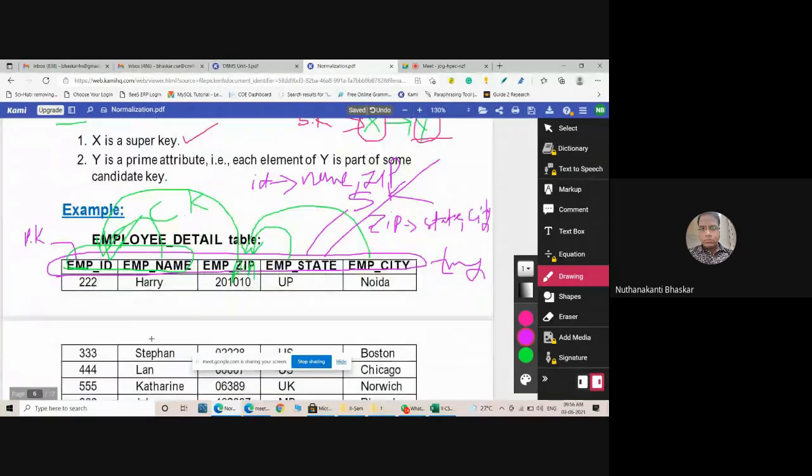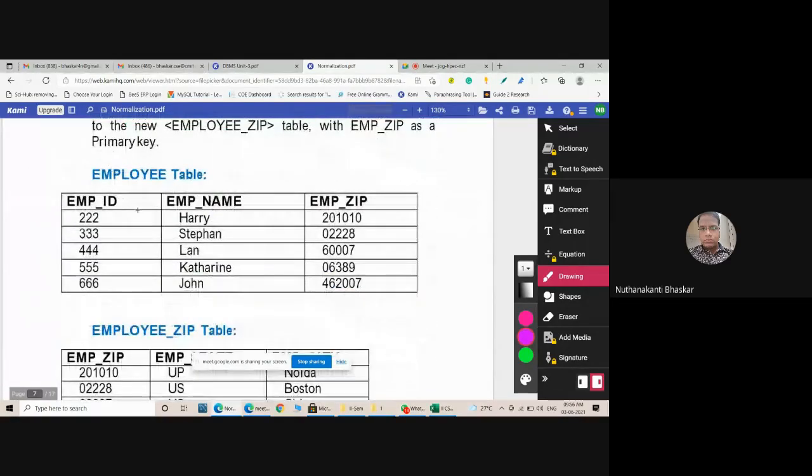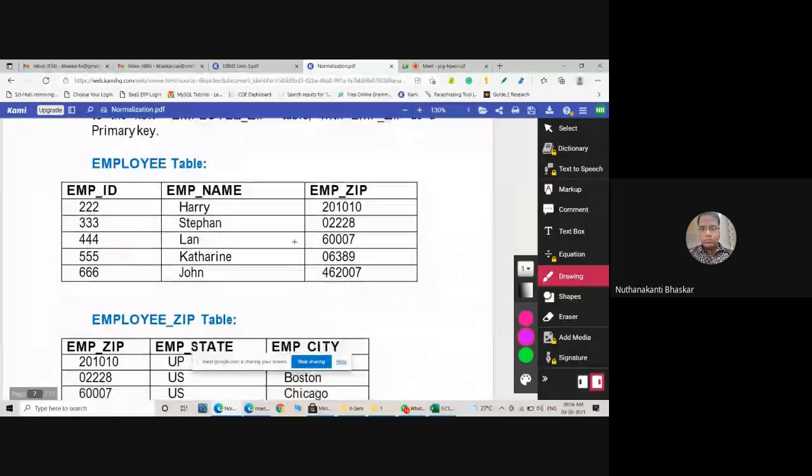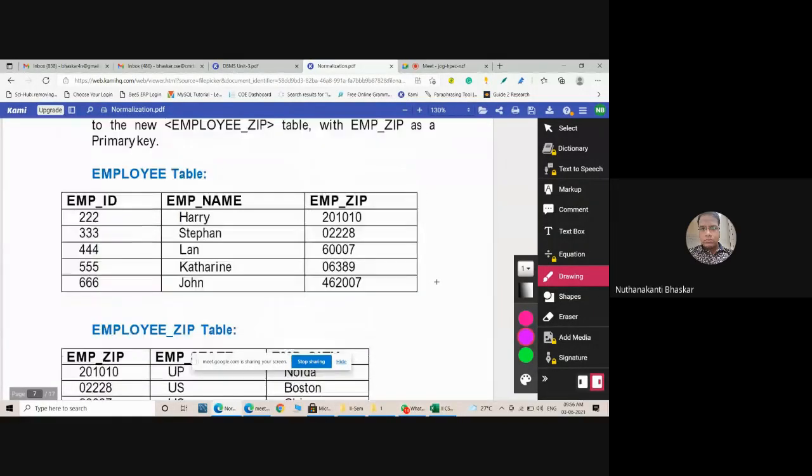It is in first normal form, and second normal form. Now it is third normal form. We are confirmed. Now we divided employee ID, employee name, employee zip, and employee zip, employee state, employee city. Clear? Clear, sir. Clear for this third normal form decomposing.